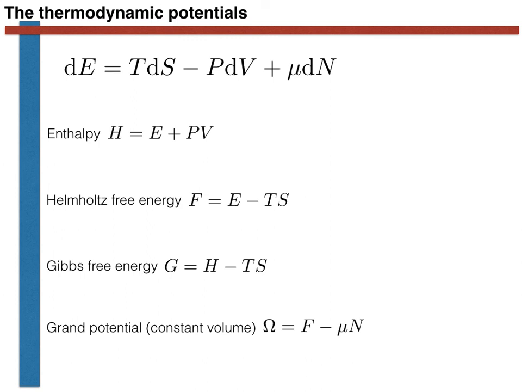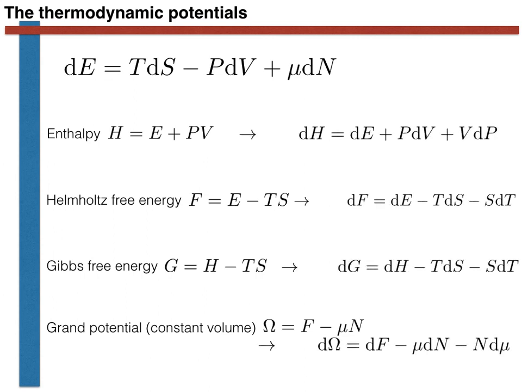If we use the product rules to write out the differentials of all these expressions, we find the following results. If we then substitute the combined version of the first and second laws shown at the top of this slide, we then get to the following expressions for infinitesimal changes in the various thermodynamic potentials.